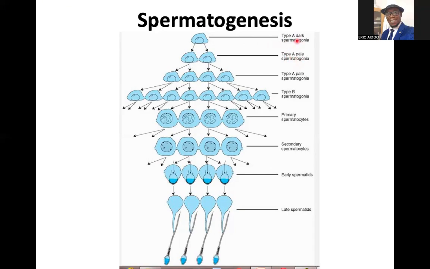The dark spermatogonia gives rise to the pale spermatogonia, which will in turn give rise to more type A pale. And the type A pales are the ones that are going to continue the journey to form the spermatozoa by forming spermatogonia first. Then they go through the process of primary spermatocyte formation, secondary spermatocytes, early spermatid, late spermatid.